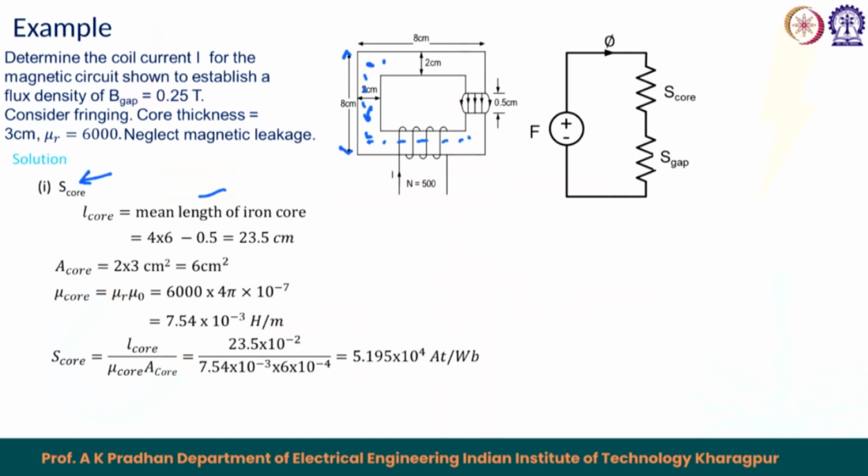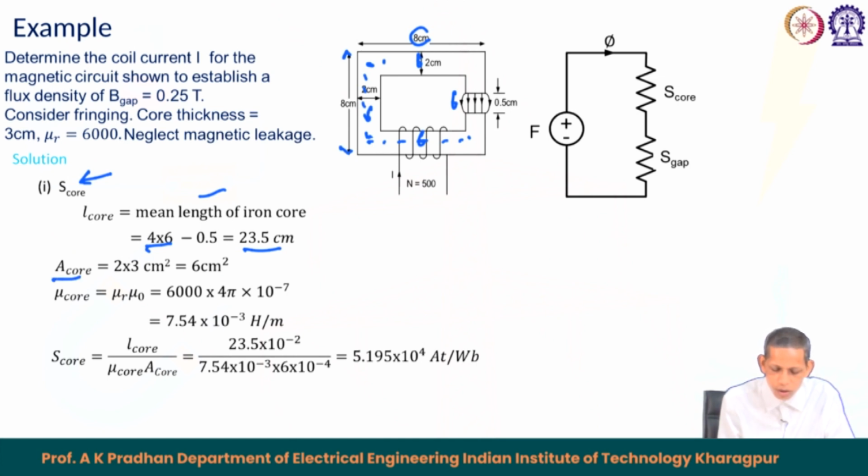Because all the lengths and breadths are similar, here also 8, so this also comes 6, and this also 6, and this also 6. Therefore, 4 into 6 minus the air gap part gives us 23.5 centimeter mean core length of the flux.